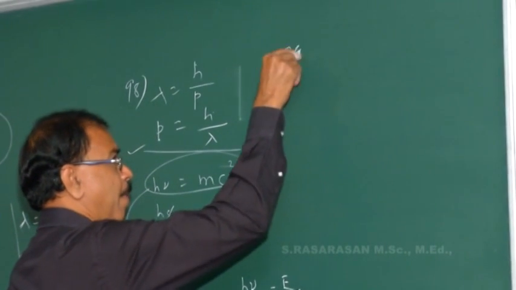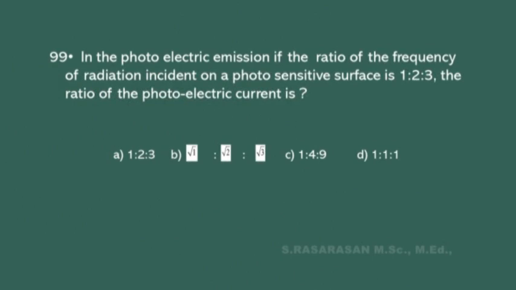99. In the photoelectric emission, if the ratio of the frequency of the radiation incident on a photosensitive surface is 1:2:3, what is the ratio of the photoelectric current?